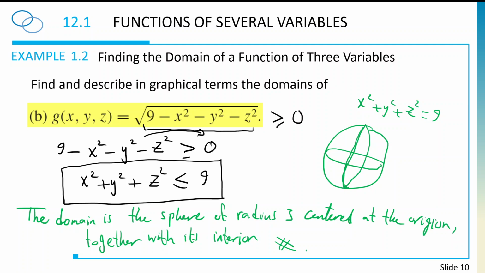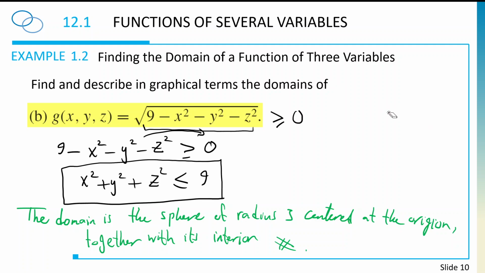Now I'll give you another question to think about, something a little bit similar to this. I'm not going to change the slide, but assume that I ask you to find the domain. This is for you to think about. Let's say I have the function f of x, y equals 1 over the square root of 9 minus x squared minus y squared.